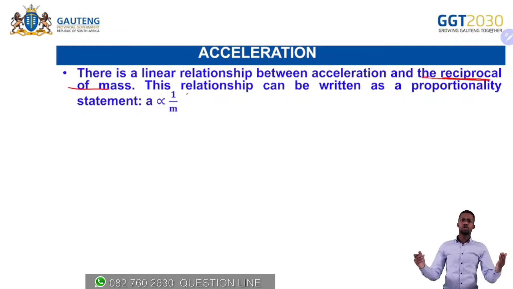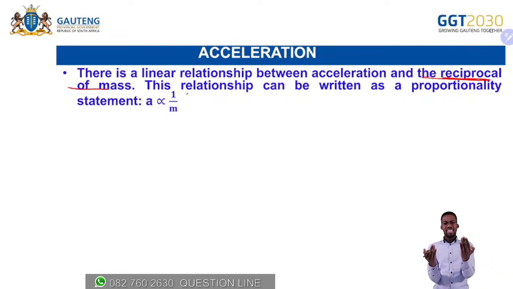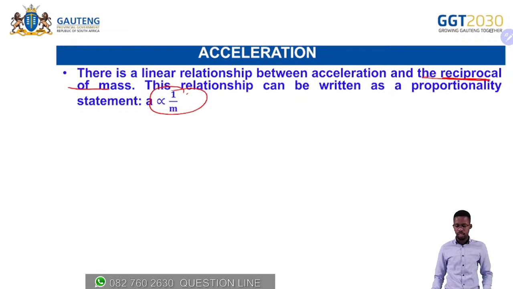So we have introduced two things here. Acceleration is directly proportional to the net force. Acceleration is inversely proportional to the mass. This is how we express that inversely proportional relationship: acceleration is inversely proportional to the mass of the object.